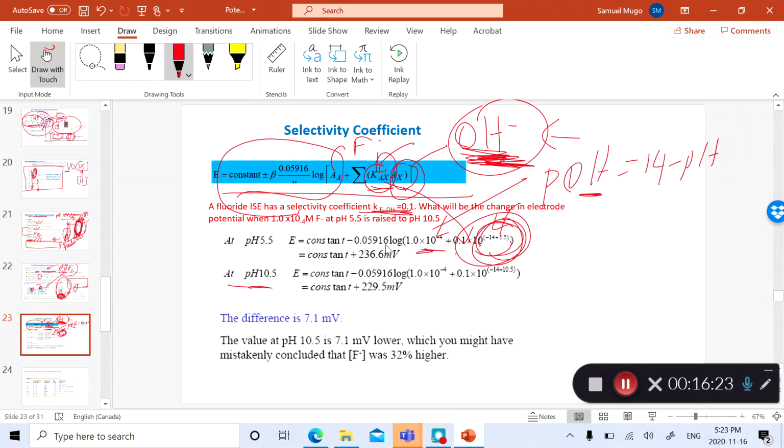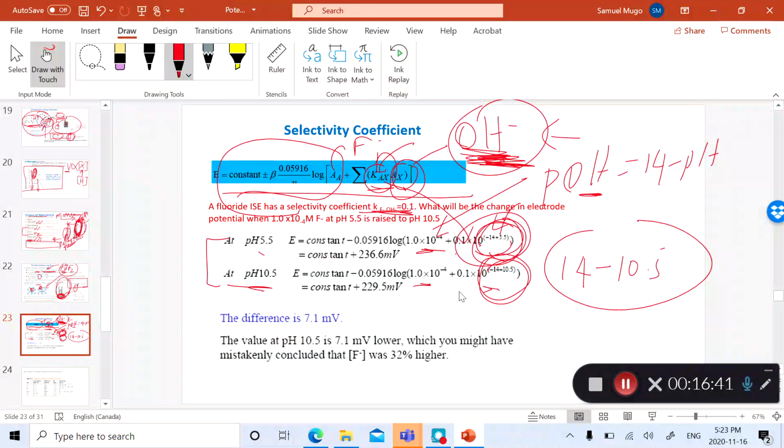And so at pH 10.5, on the other hand, the fluoride is the same, but the hydroxide concentration is different, the pOH, because you've got 14 minus 10.5, right? And that's what I have right there. And so you can see just by sheer change of pH, you get very different readings because of that interference from the hydroxide.